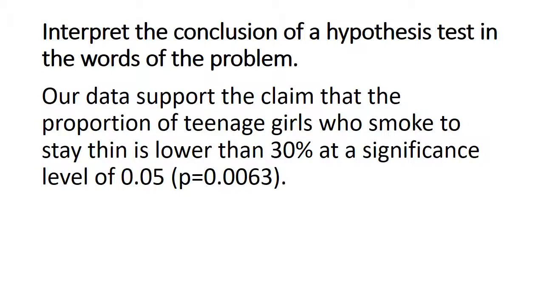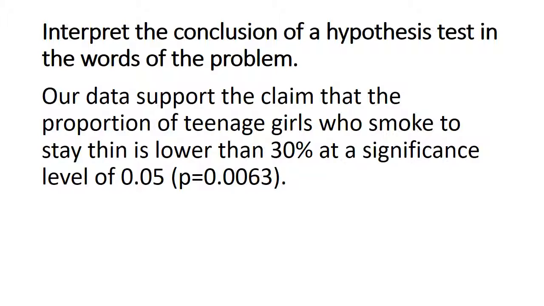And what does that mean in the words of the problem? We reject the null hypothesis. We reject the claim that the true proportion of teenage girls who smoke to stay thin is 30%. We were looking at the claim that the true proportion is lower than that. And with the p-value we have, we reject the null hypothesis and we support the alternative hypothesis.